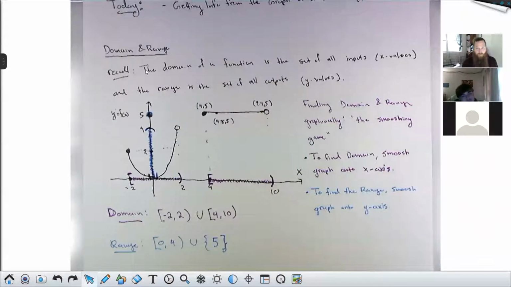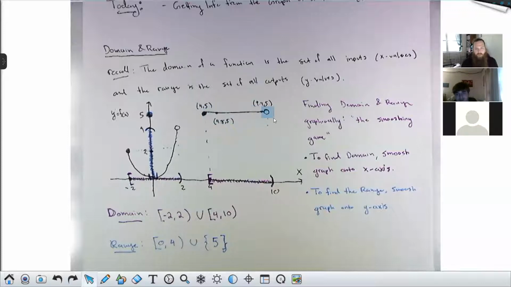Remember the definition of the range. The range is the set of all the Y values or outputs that are on the graph. So this whole line segment contributes only a single value to the range, because even though there are infinitely many points here, they all have the same Y value. They all have Y value 5.